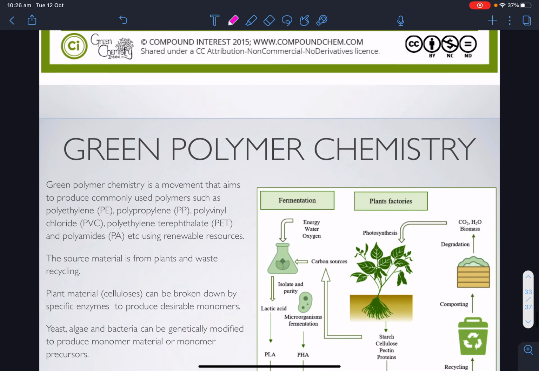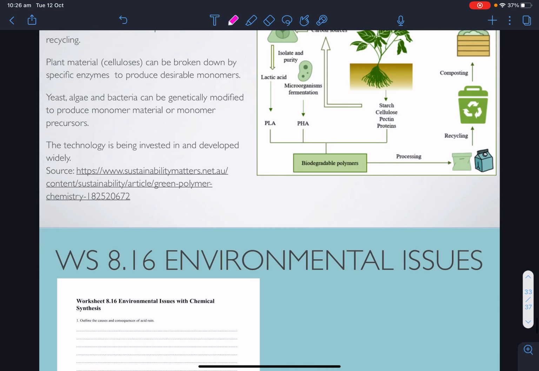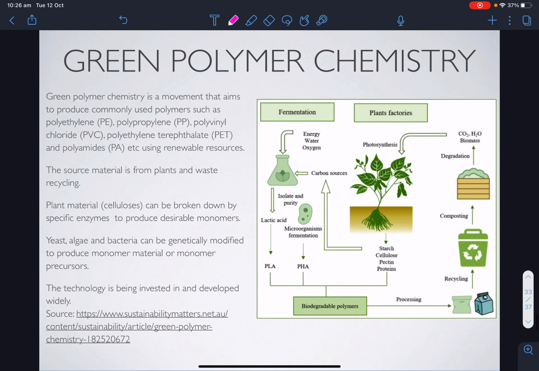Can you explain it? One more that I thought I'd add in there is this green polymer chemistry movement. Now this has come about, I think I talked about it in the polymer chapter. So there's all these natural polymers that we can use and make.